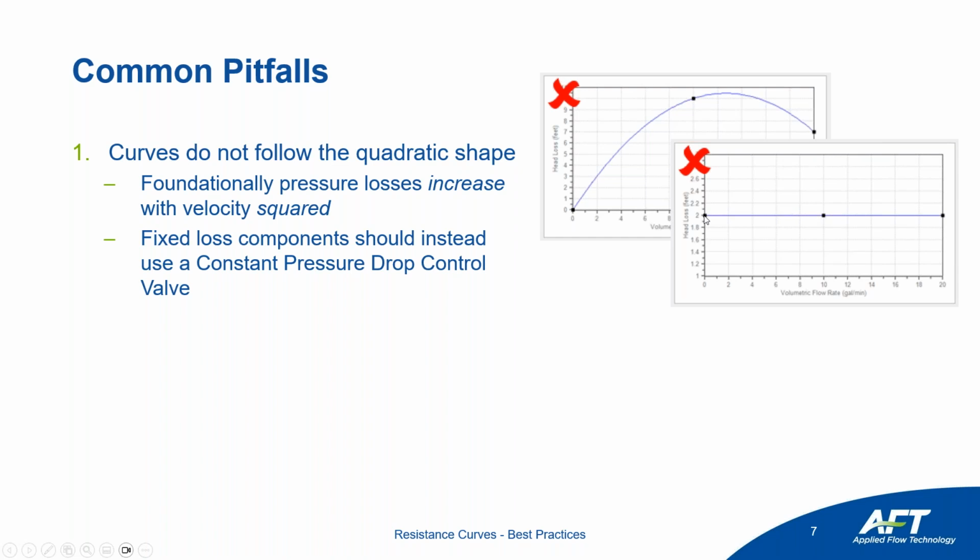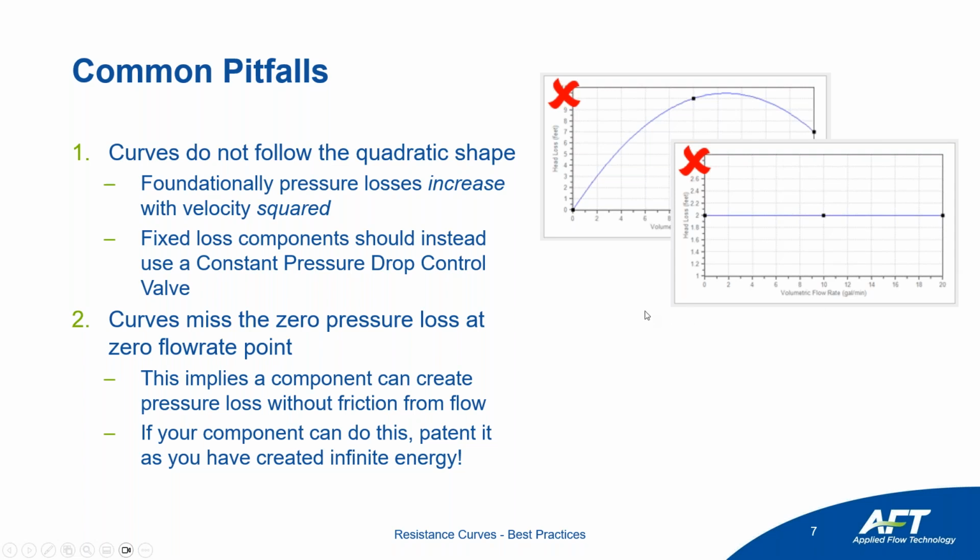We can also see here a flat line, where, as I mentioned, this fixed head loss or this fixed pressure loss component would be better modeled as a constant pressure drop control valve, where you can say, regardless of the flow rate coming into or out of that component, we're going to see 2 feet of head across it. In a lot of cases, having a very flat head loss like this can lead to convergence issues, as we'll see in the troubleshooting section in just a moment.